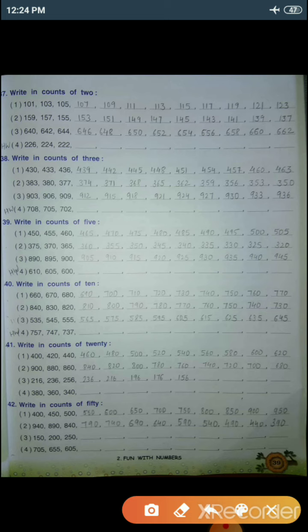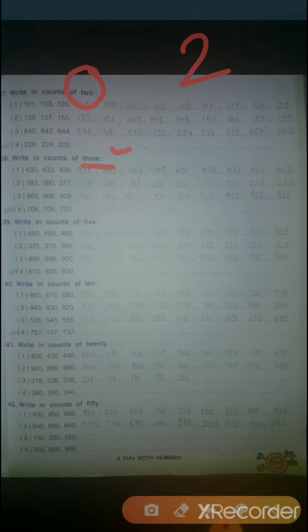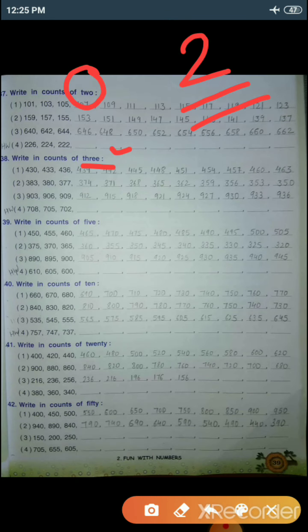Now question number 38, write in counts of 3. In question number 37, the calculation was done with the help of adding 2 and subtracting 2. Okay, but in question number 38, we are going to count in 3. That means we are going to add 3 or we are going to subtract 3 from the given numbers.